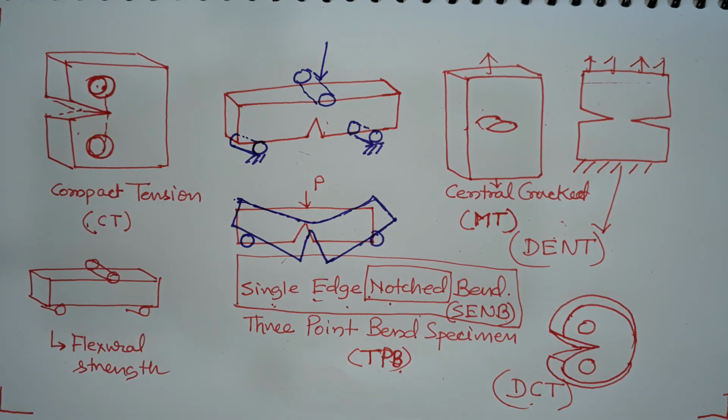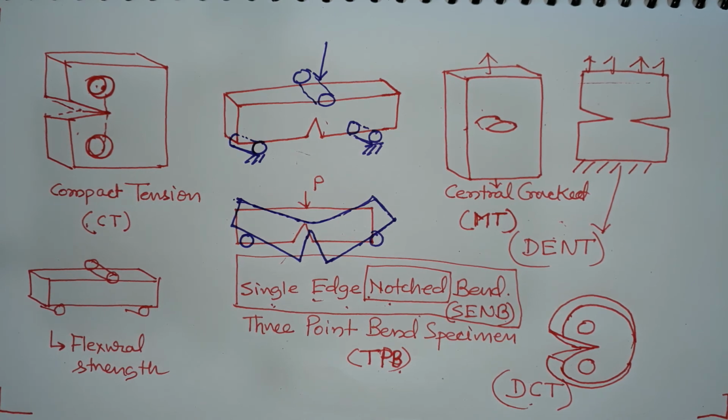When they are sent to different industries for making components, they are tested for quality assurance. You want to know that this grade of steel or this grade of titanium alloy has been made, and properties like yield strength and fracture toughness are tested.